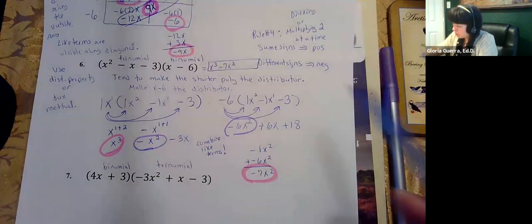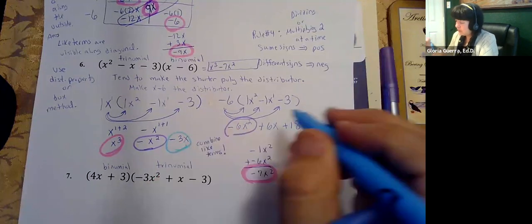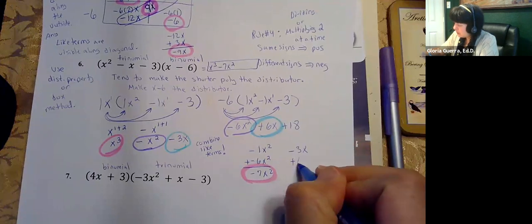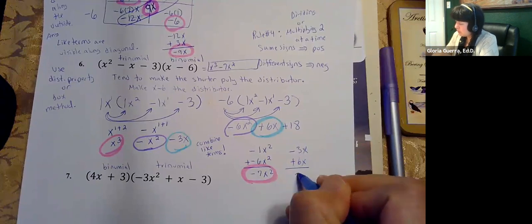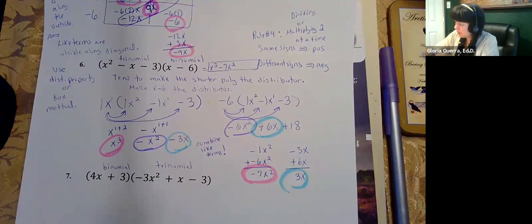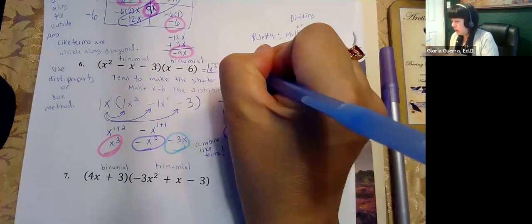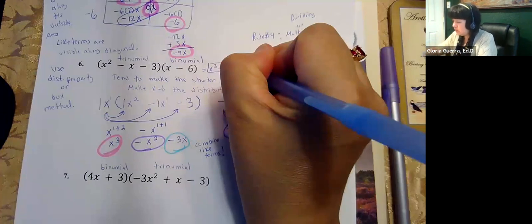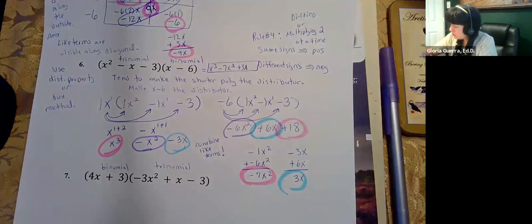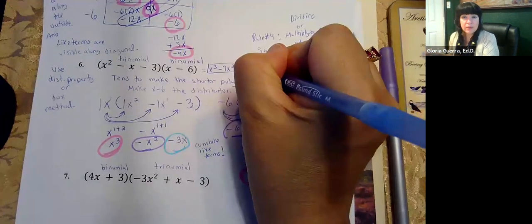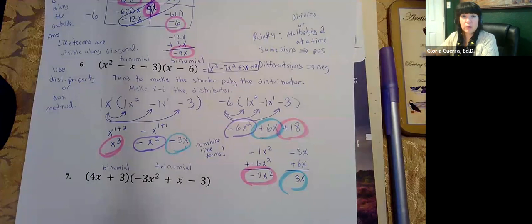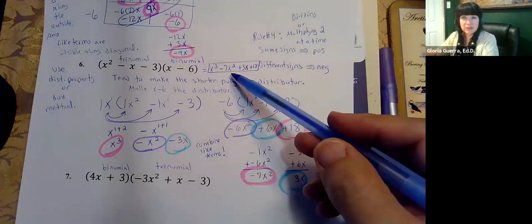So you have negative 3x and a positive 6x, which is just a positive 3x. And then constants last. This one's fine, solo, plus 18. And that would be your answer: x cubed minus 7x squared plus 3x plus 18.